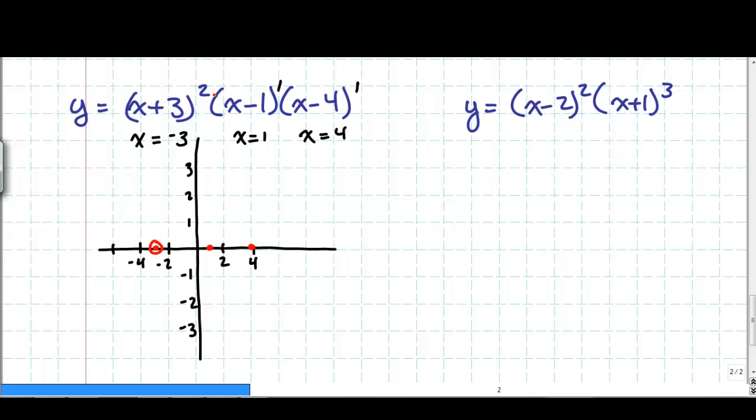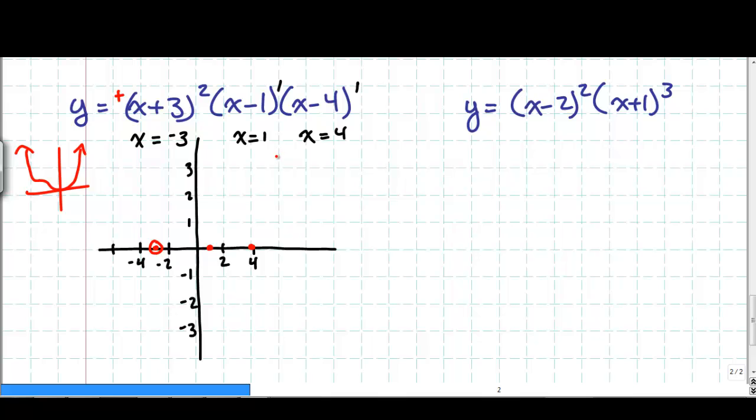This is a positive quartic function. That means it's going to look something like this. End behavior starting in quadrant 2, ending in quadrant 1. It's going to bounce here and cross through these.